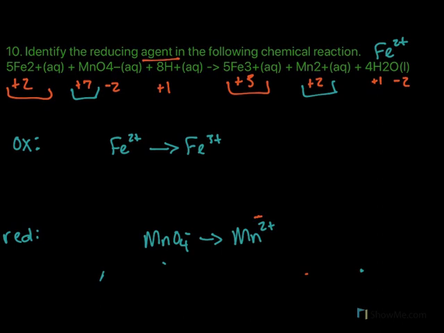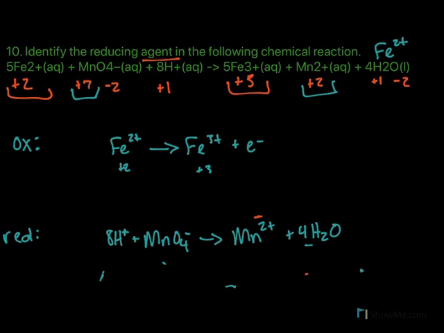So over here we've got an even number of iron on both sides. We just need to balance out the charges. So we've got +2 here, +3 here. We can fix that by adding an electron. Use electrons to balance charges. So now we'll move on to the permanganate. So we've got enough manganese on both sides. We've got 4 oxygens on this side, so we will add 4 waters for our oxygen. That leaves us with 8 hydrogens that we need to add to the other side.